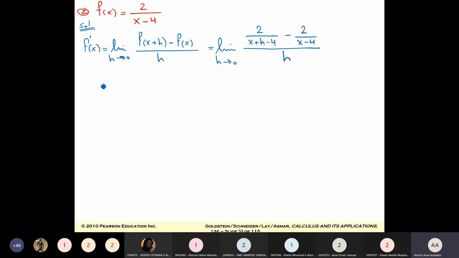Simplify the numerators. We multiply the denominators together, so we have x plus h minus 4 multiplied by x minus 4, and 2 multiplied by x minus 4, and negative 2 multiplied by x plus h minus 4, over h.